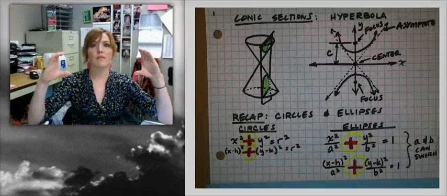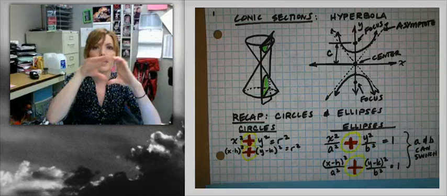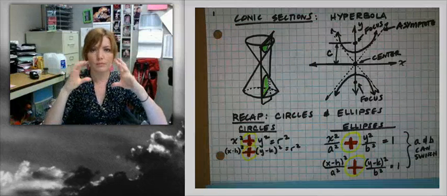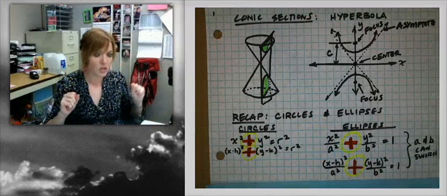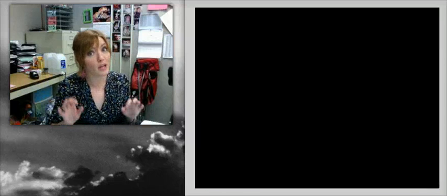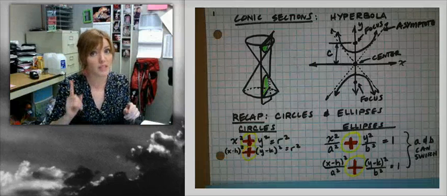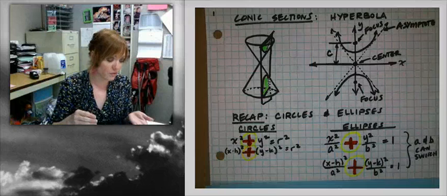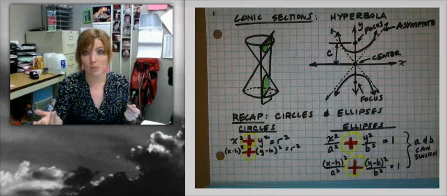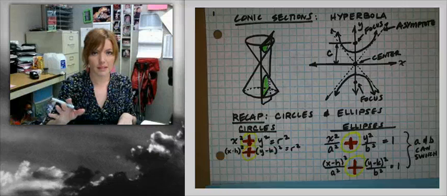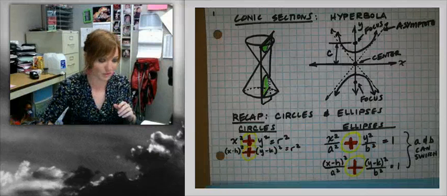Again, think 2 halves of the curve coming together and meeting to create one cohesive shape, okay? So, because I have that positive there, I know that you all can probably guess what the one difference is between the equations for circles, ellipses, and then hyperbolas. So, get that guess in your head and see if you're right when we go through here.